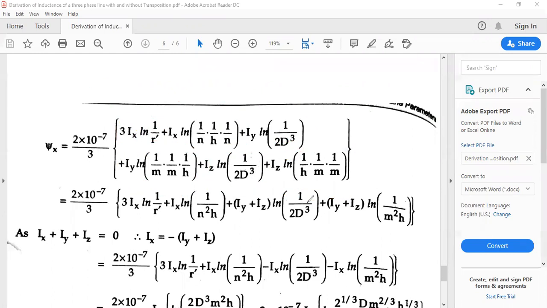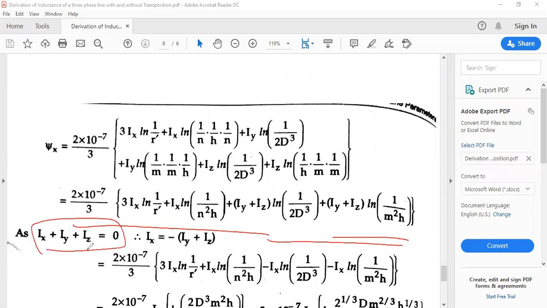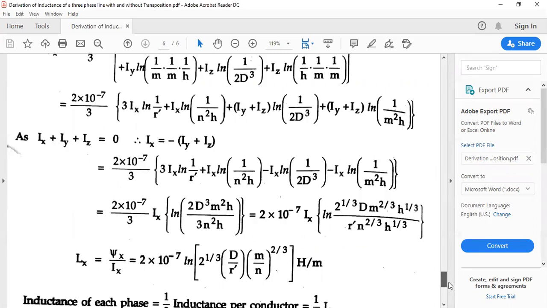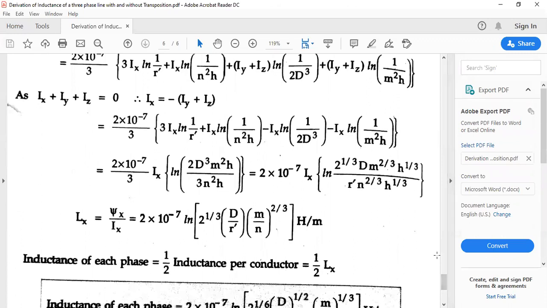So next, you will be having this term which is being present, and later for a balanced system ix equals minus iy minus iz, or I can generally write it as minus of iy plus iz. Next, moving on, you will be having the values which are being given there.